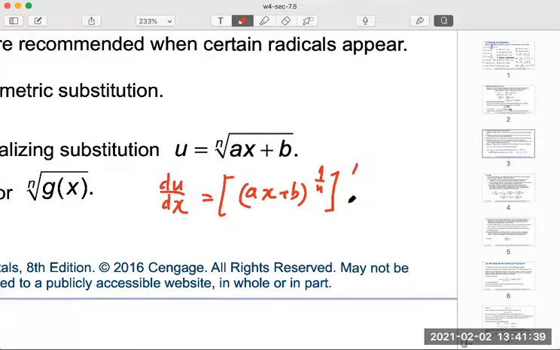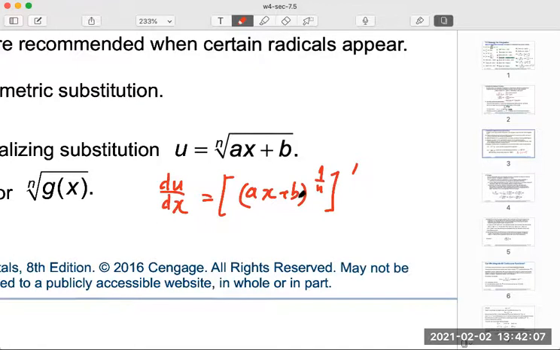We take the derivative of both sides with respect to x. The left-hand side is u prime, which is du over dx. The right-hand side will be the derivative of this term. And this root function, we can write as ax plus b to the 1 over n, okay?